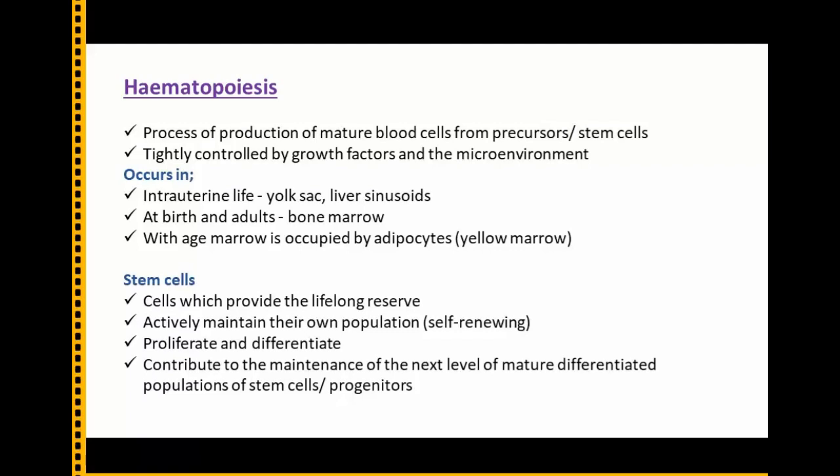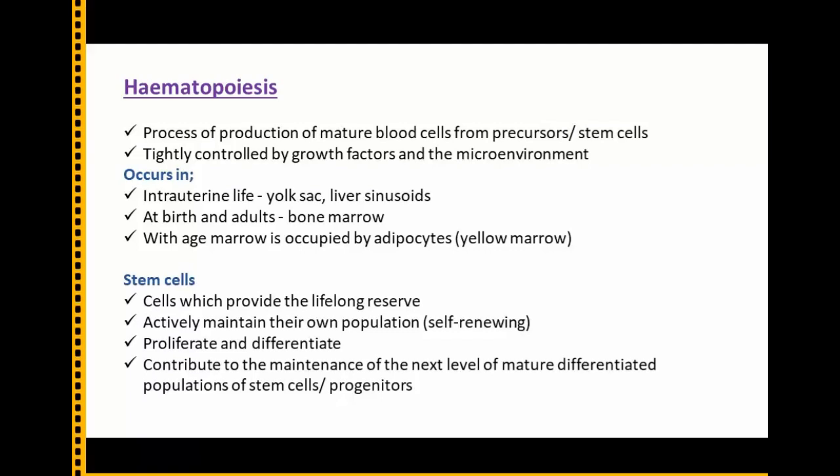Stem cells are the cells which differentiate into different types of blood cells. They provide the lifelong reserve to produce other types of blood cells, and they self-renew. They produce other types of blood cells, but at the same time they produce their own type, their own stem cells, so that they can keep growing their own cell population.